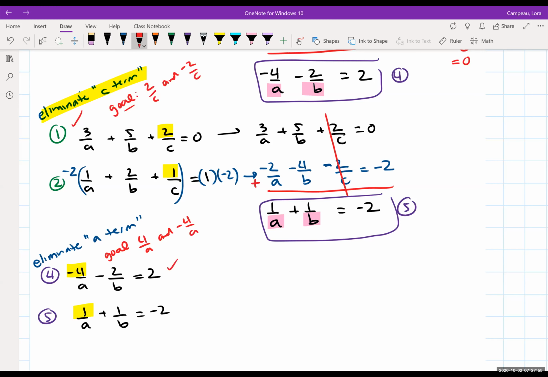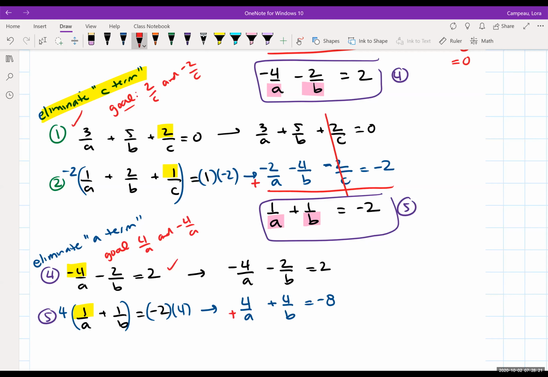Well, we got the negative 4 over a already. So we could just recopy that over. Negative 4 over a minus 2 over b equals 2. And then our job would be to say, how do we turn the other one into a 4 over a? We'll multiply it by 4 on both sides. So that will leave us with positive 4 over a plus 4 over b equals negative 8.